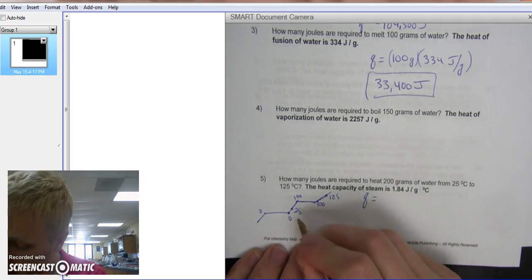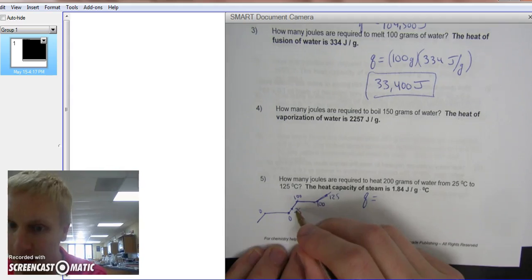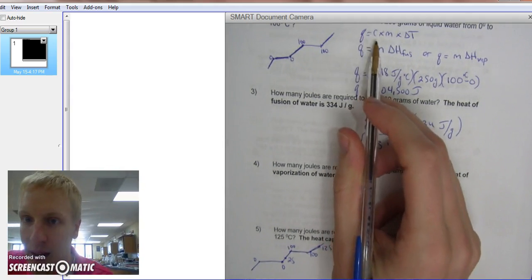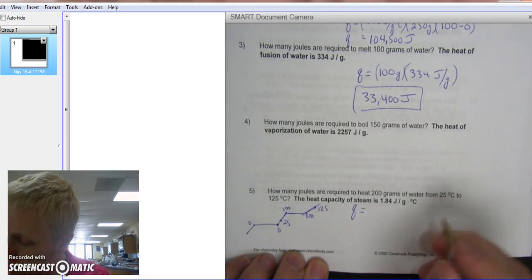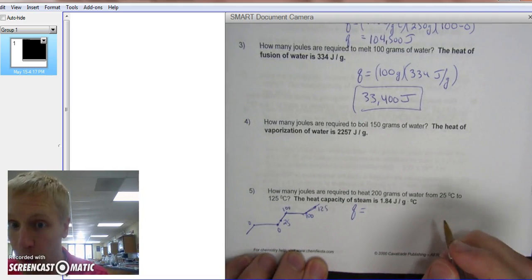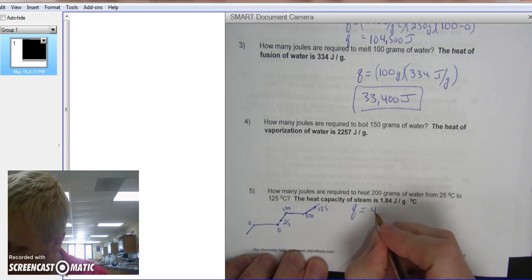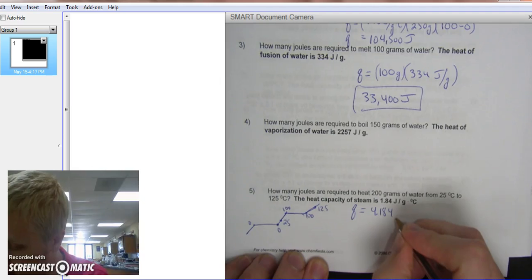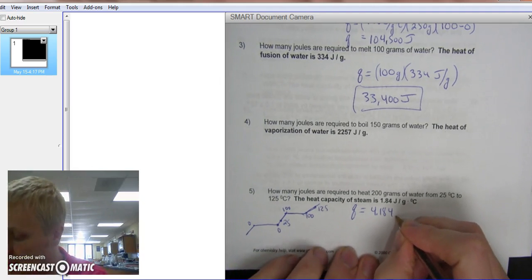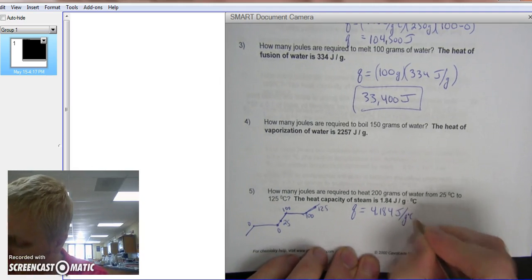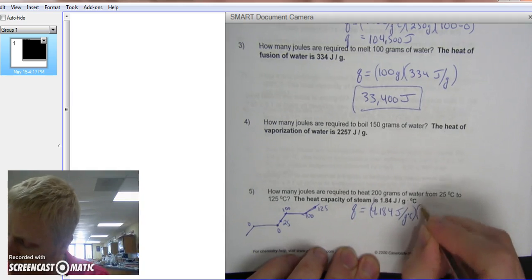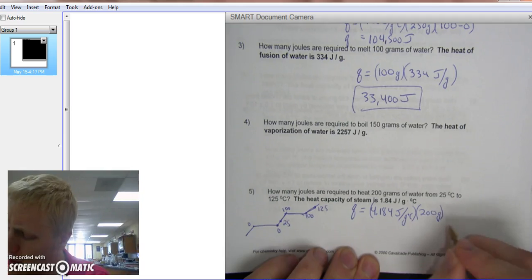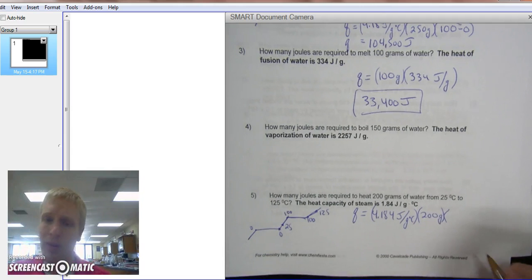So our first one is the specific heat one, the diagonal one, so that's Q equals C times M times delta T. Our specific heat of water, remember, is 4.18 or 4.184. I just like doing that because it sounds better in my mind, so I'm going to 4 sig figs. That's joules per gram degree Celsius. Mass is 200. And our change in temperature, this is where a lot of people make a mistake.